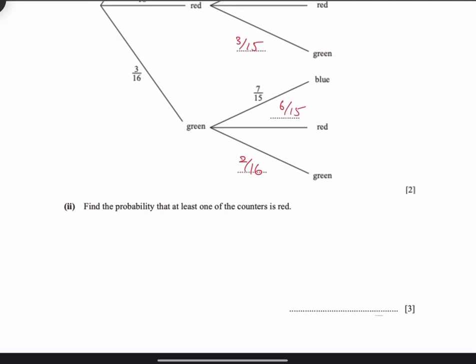Find the probability that at least one of the counters is red. I'm going to go reverse probability here. So I'm going to go no reds. So no reds would be green, green, blue, blue, or blue, green times 2. Green, green is 3 over 16 times 2 over 15.